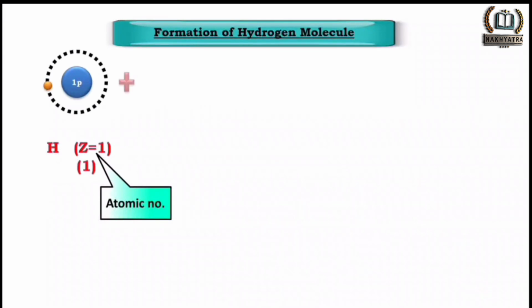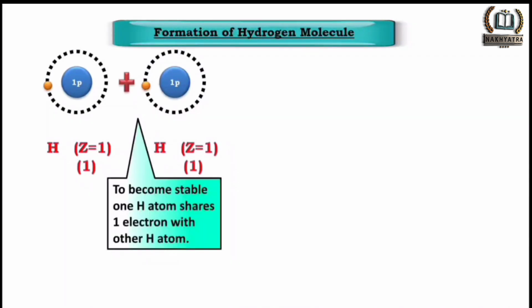Next is the formation of covalent compounds. First is the formation of the hydrogen molecule. Here H is the symbol for hydrogen, and Z is the atomic number. The atomic number for hydrogen is 1 and the electronic configuration is 1. Now see here, to become stable, one hydrogen atom shares one electron with another hydrogen atom.